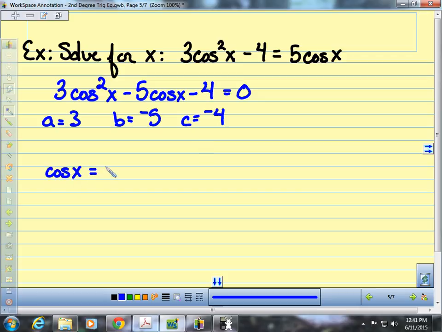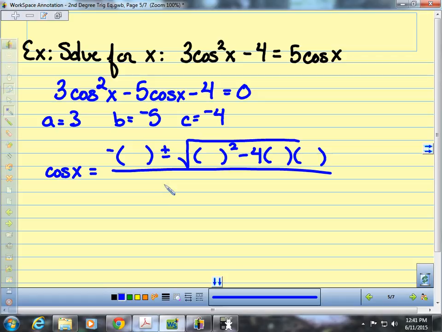Cosine x equals, and you told me before, negative b plus minus the square root of b squared minus 4ac all over 2a. All right, what was our a value? And where does it go?